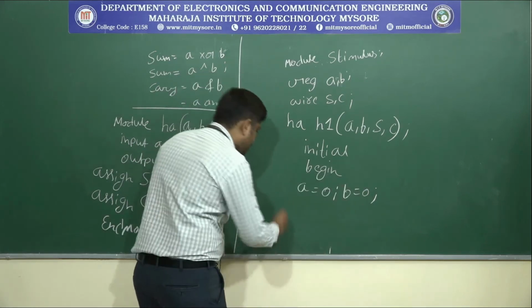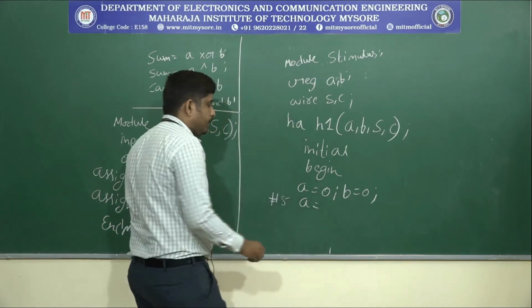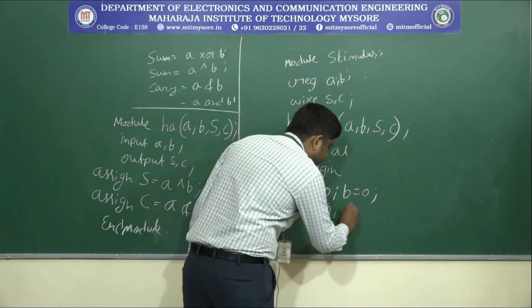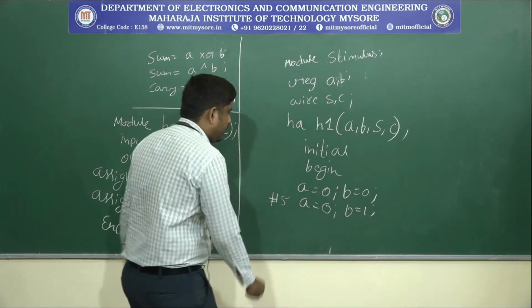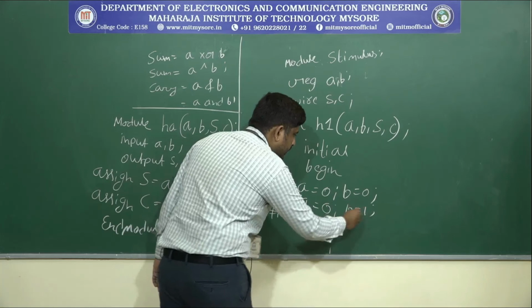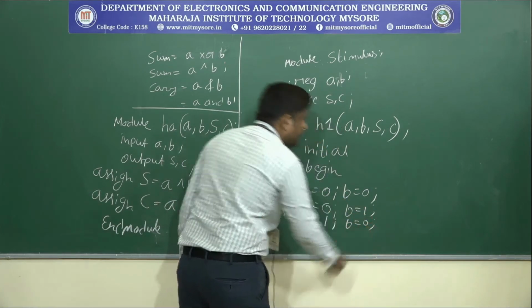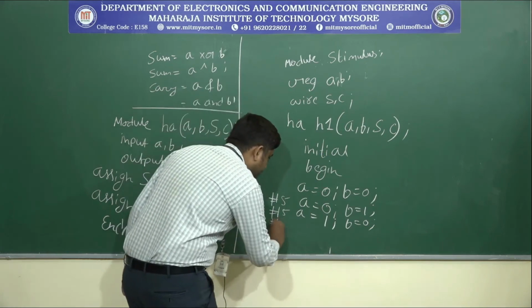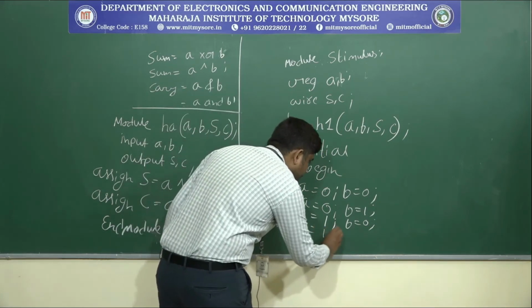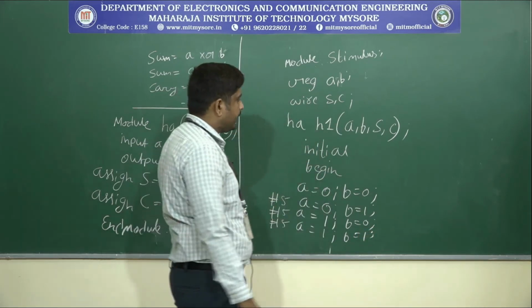Then after 5 nanoseconds, based on the truth table, A is equal to 0, then B is equal to 1. Next after 5 nanoseconds, A is equal to 1, then B is equal to 0. Then after 5 nanoseconds, the last combination, A is equal to 1, then B is equal to 1. So these are the 4 combinations you have to apply.